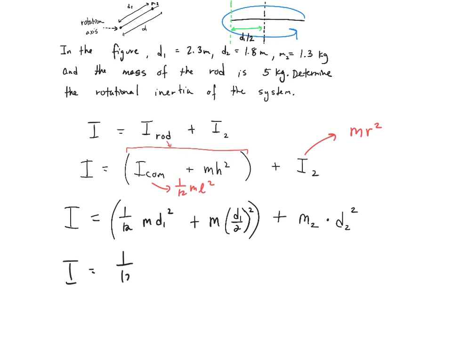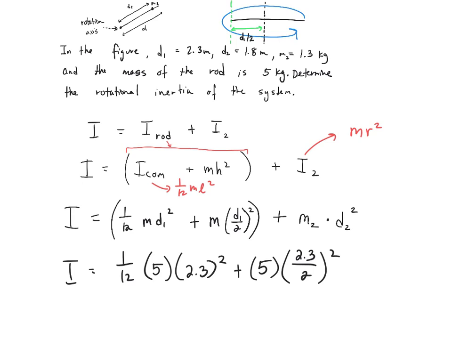All right, 1/12. Now this mass is the mass of the rod, remember from the beginning? The mass of the rod is 5 kilograms, and D1 was given as 2.3 meters. I don't need those parentheses anymore, because I'm just adding everything.